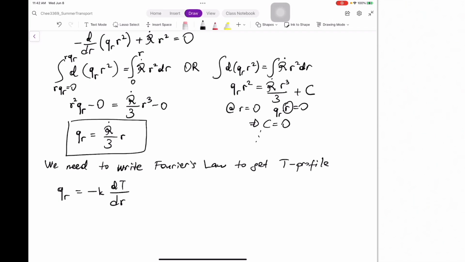So it's a one-dimensional problem still, and you can write the QR as minus k dT over dr, and there are no angular terms, like there is no term such as dT over d phi or dT over d theta.